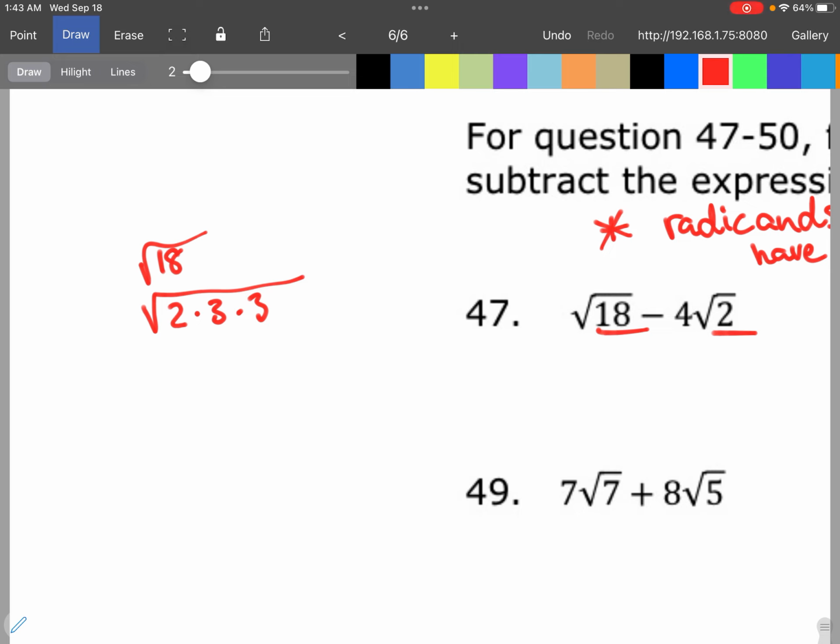There she is. Now these two get married. They become Mr. and Mrs. 3. And the 2 stays in the house. Yeah, this 2 right here. It's going to stay in the house. So in reality, square root of 18 is just 3 square root of 2.